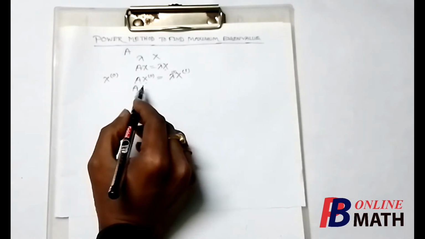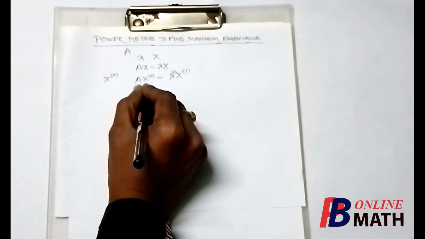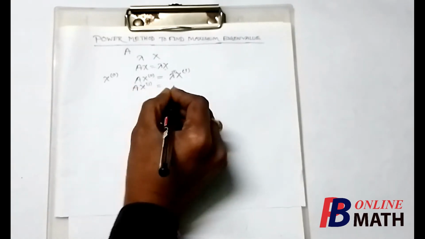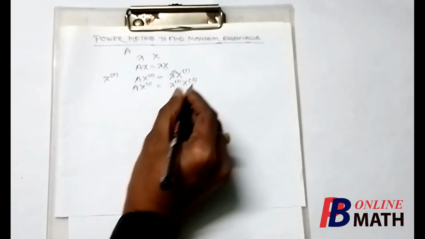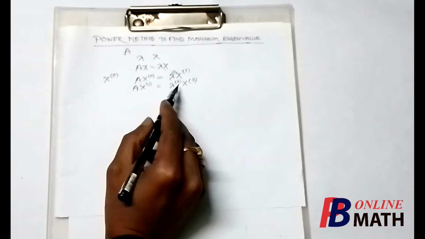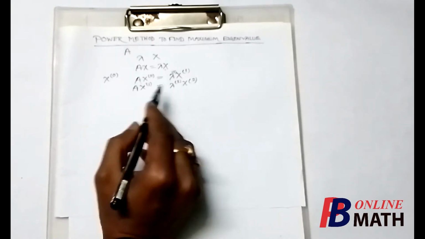If we multiply the matrix A by this eigenvector x1, then suppose we get lambda 2 x2. So lambda 2 is the second approximation and x2 is the corresponding eigenvector.